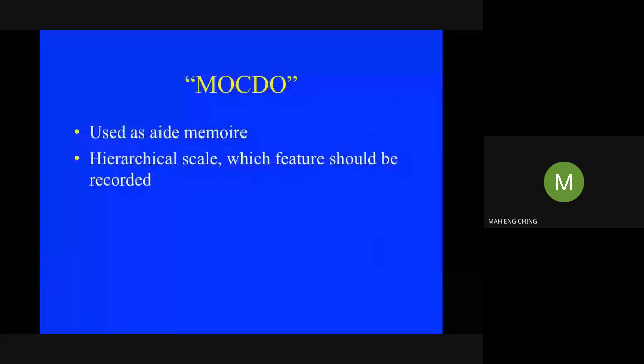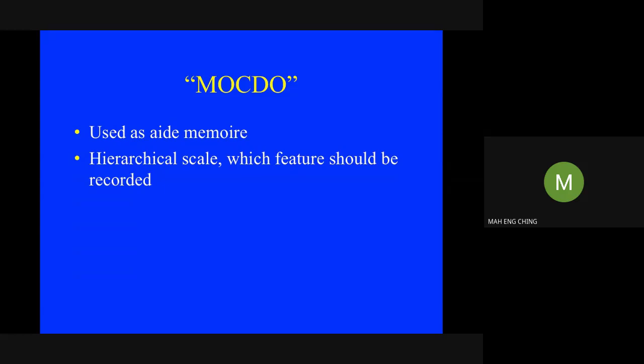Okay, so just now we talked about MOCDO. In the same category, let's say 5A, then 5I, which one should you choose? So you use this MOCDO as a memo, and according to this alphabet, you know which one you should choose. Let's say you have a missing tooth, 5H, and then you have an overjet problem, 5A, then you go for 5H, because missing tooth will come first.